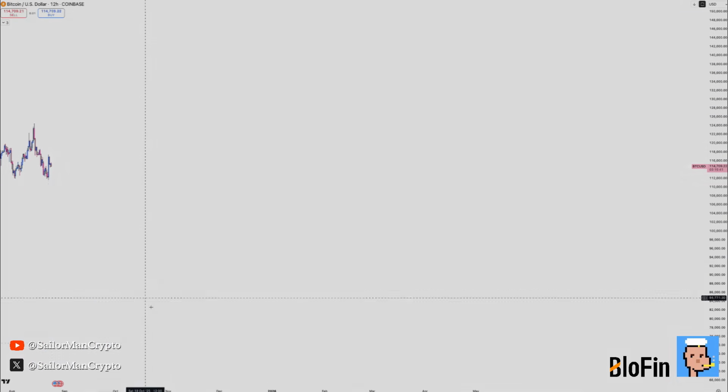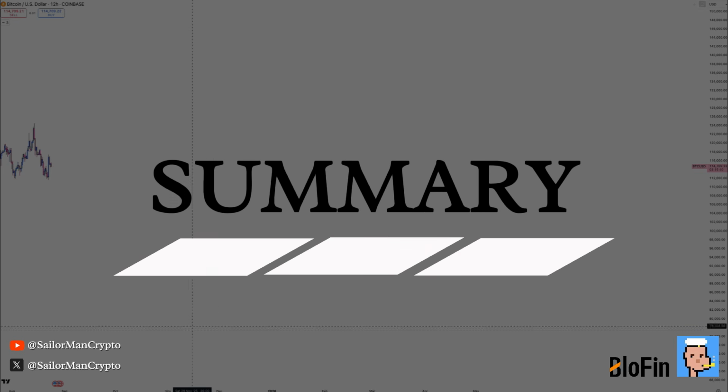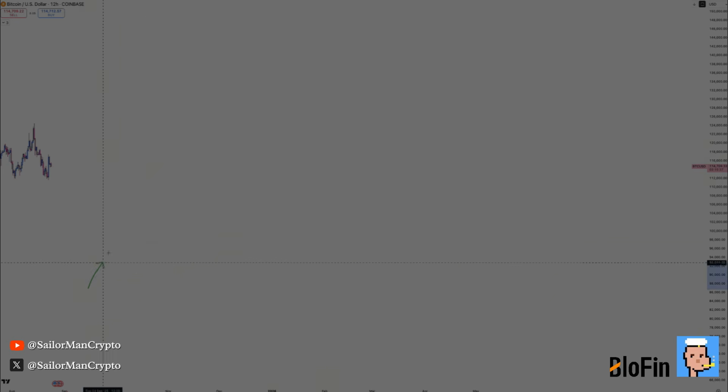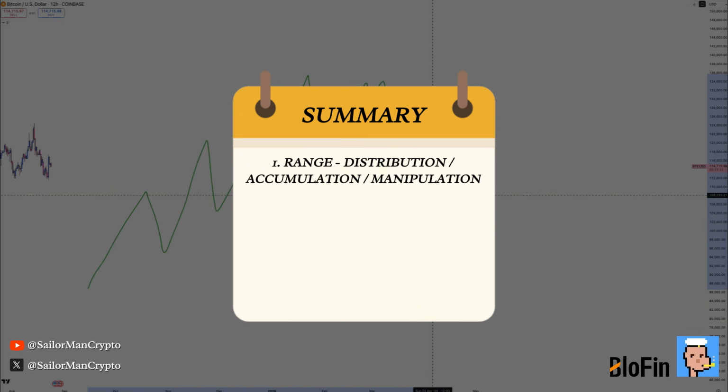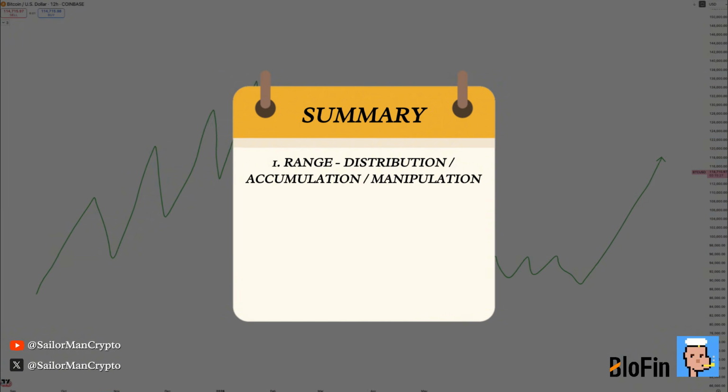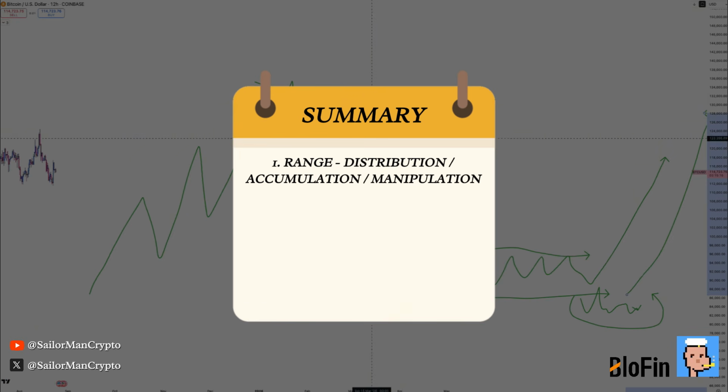So to summarize, we know that price can do three things: uptrend, downtrend, and range. Range, which is the discussion of this video, has mainly three functions: distribution, accumulation, and sometimes a range becomes a manipulation to move the price in the other direction.